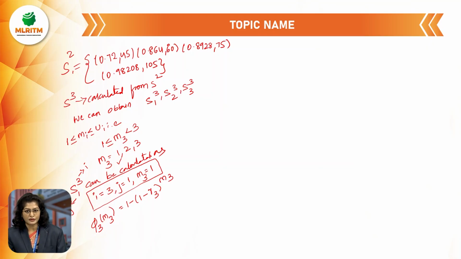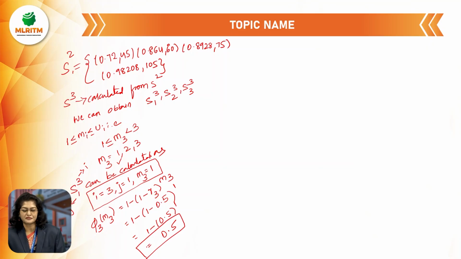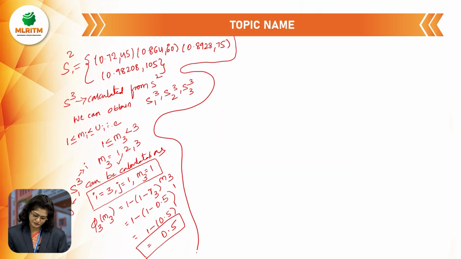We need to substitute all these values into this equation as we discussed in the previous session. What is the value of R3? 0.5. So 1 minus 0.5 to the power 1 is 0.5. So we got the value 0.5.